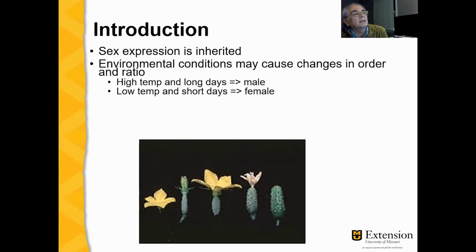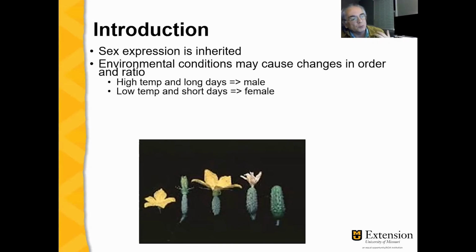Certain environmental factors like high temperature and long days tend to produce more male flowers. And low temperatures and short days induce female flowers. I mean, they produce both types of flowers, but there's a switch to produce more males or more females in the plant.